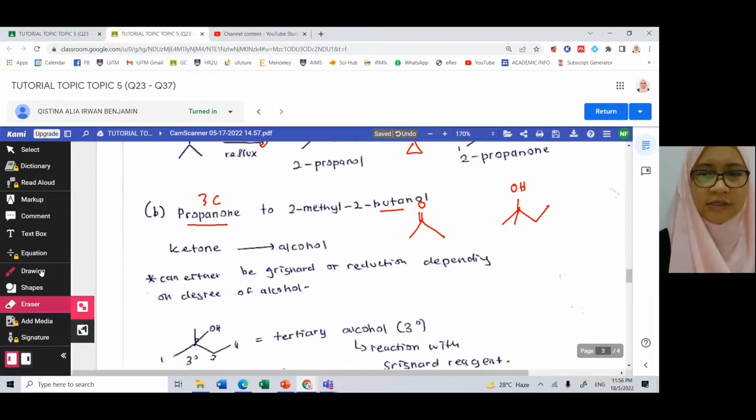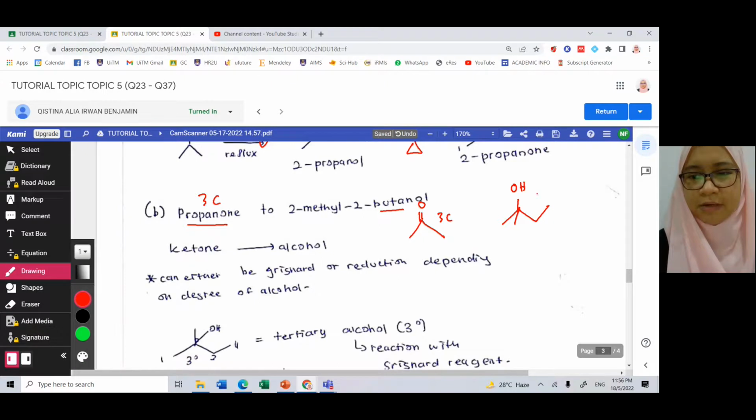So obviously from 3 carbons to 4 carbons there is an addition of carbon to propanone, because initially it was 3 carbons, now it becomes 4 carbons. So if we want to add a carbon chain, one of the ways is to use the Grignard reagent.